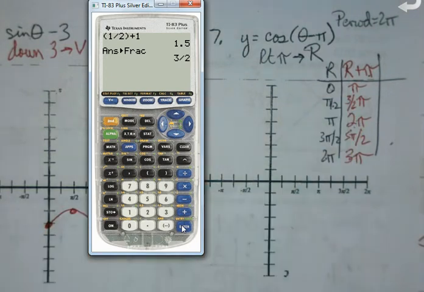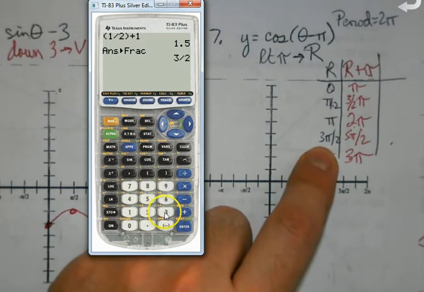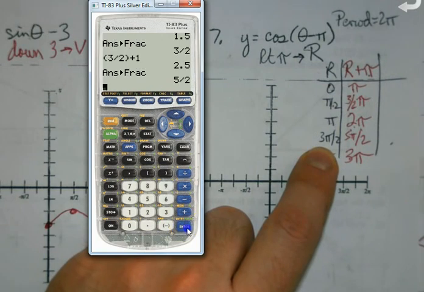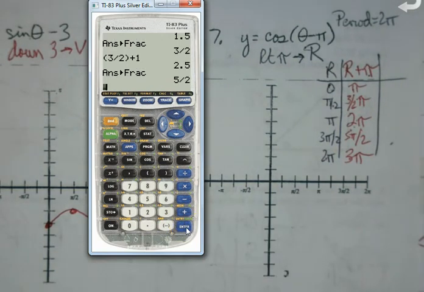If that's what you need to do to be able to add the fractional parts together, do it. But don't just go, I don't know. If you're looking at 3 halves plus 1 and 5 halves does not immediately pop into your brain, at this point, you need to go this route and get it that way by whatever means necessary.